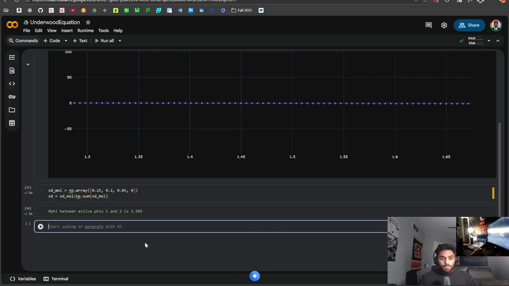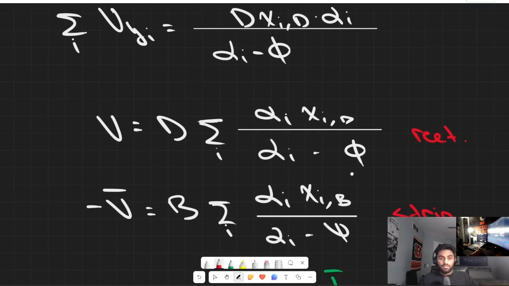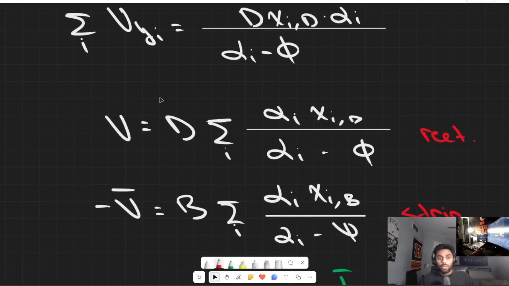So now we can actually use this given phi to find our minimum vapor flow rate. And the way to do that is going back, we see that we have defined what that minimum flow rate should look like, and it's going to be the sum of this equation essentially.